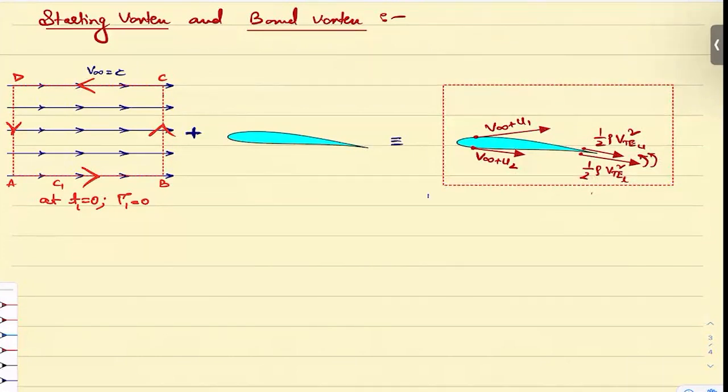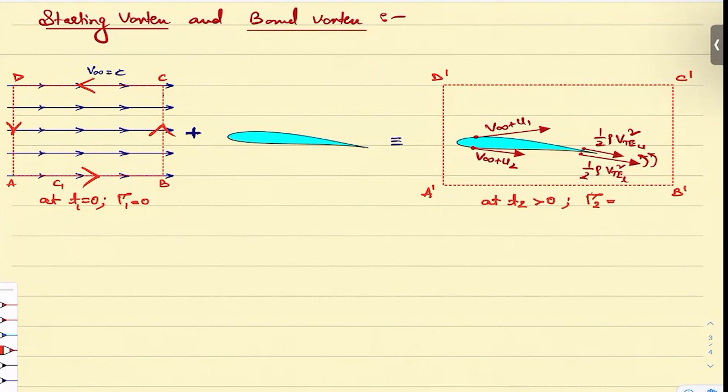So this is A prime. It can be any curve, but it should be formed with the same fluid particles: A prime, B prime, C prime, D prime, which is your new curve at time T2, which is greater than 0. So you want to calculate gamma 2. What should be gamma 2 by Kelvin's theorem of circulation?